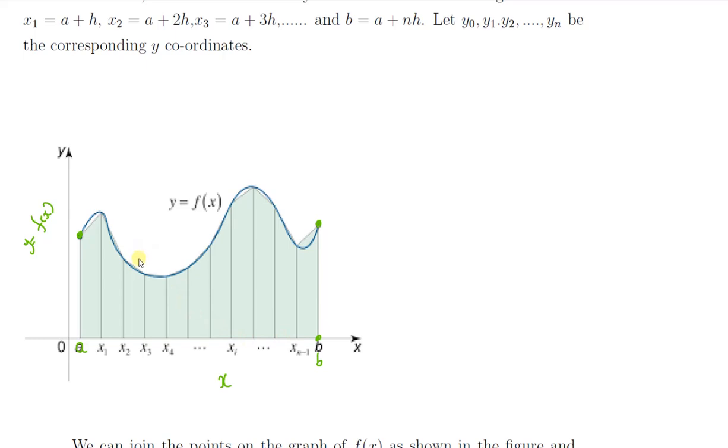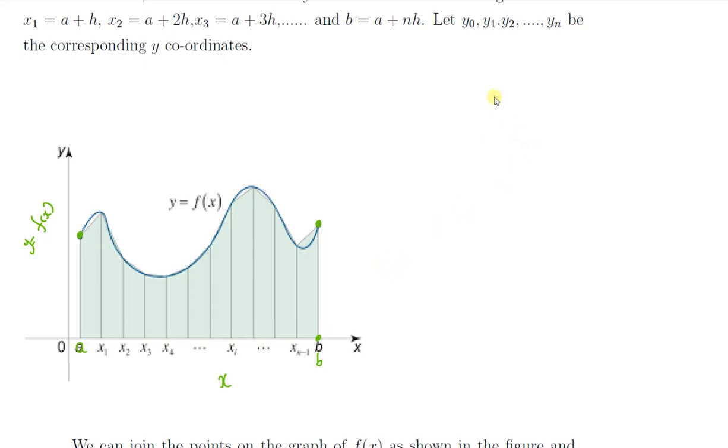In between, if we give different values of x, we will get different values of y also, between x is equal to a and x is equal to b. Now we can divide the interval from a to b into n small intervals.